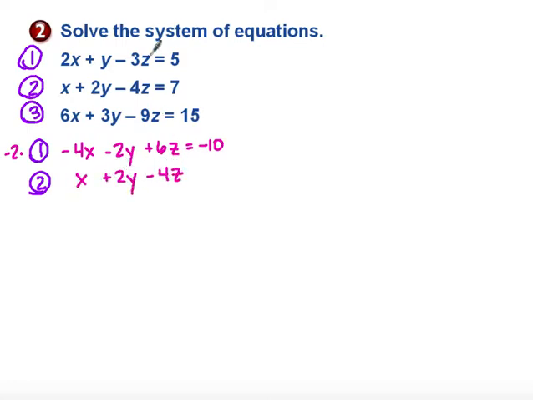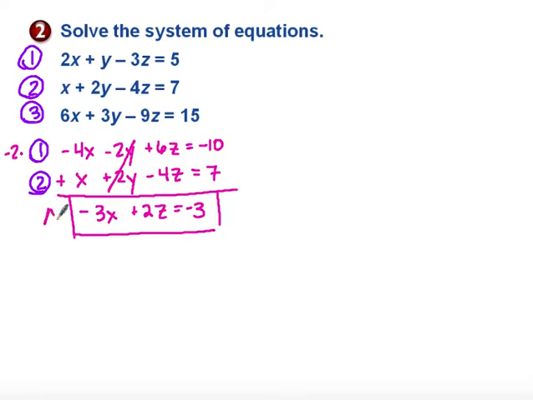You can see what I'm trying to do is get those opposite coefficients so that I can add and my y's disappear. So I'll add, and that gives me -3x. My y's are eliminated, plus 2z equals -3.